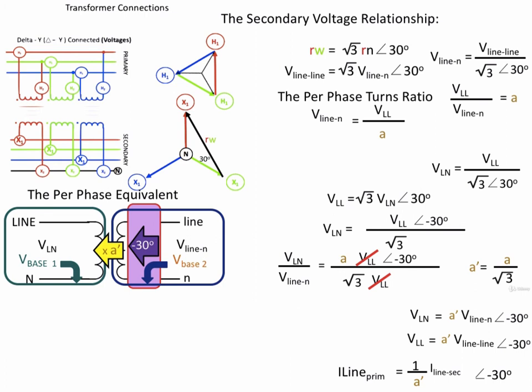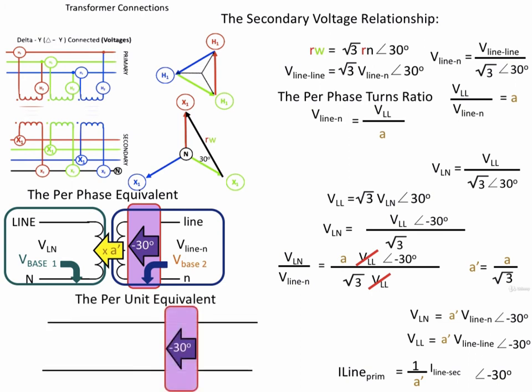Now, the per unit equivalent circuit is just going to be two straight lines because the turns ratio disappears when establishing a per unit equivalent circuit. However, the operator for a phase shift has to be kept with the per unit equivalent circuit.